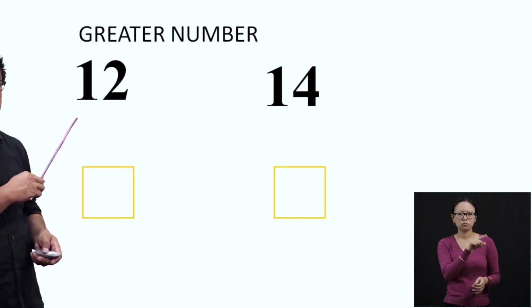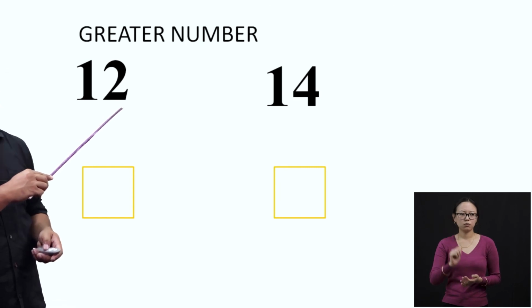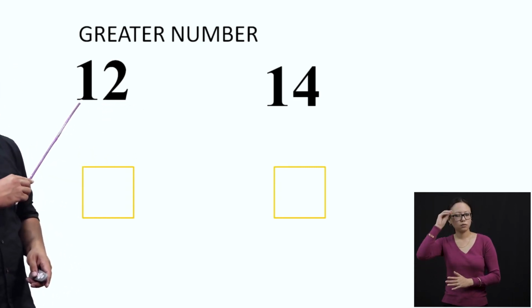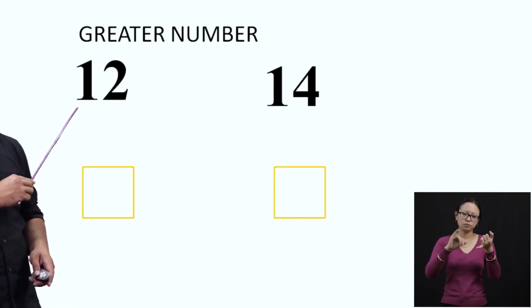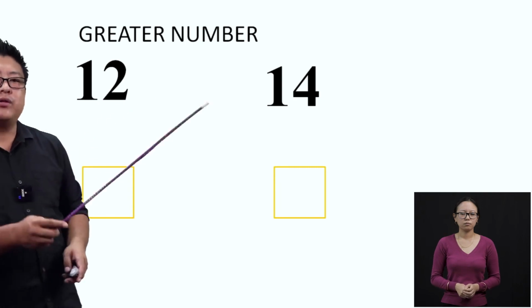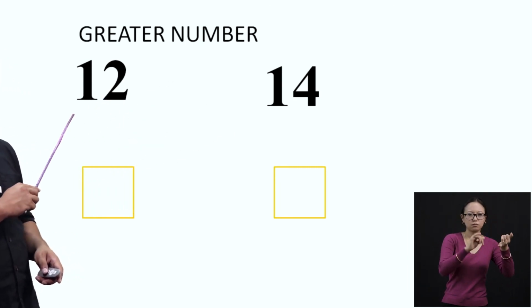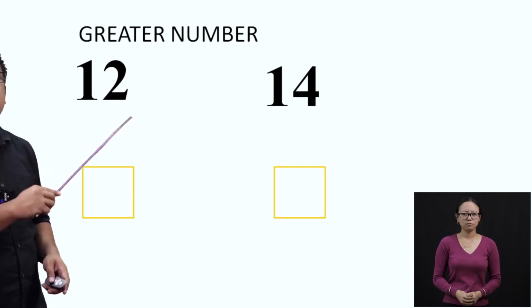If you look at this number, 2 is in the ones place because the ones place is always on the right. And digit 1 is in the tens place because the tens place is always on the left. So we have a two-digit number, 1, 2. These two digits form the number 12, all right?